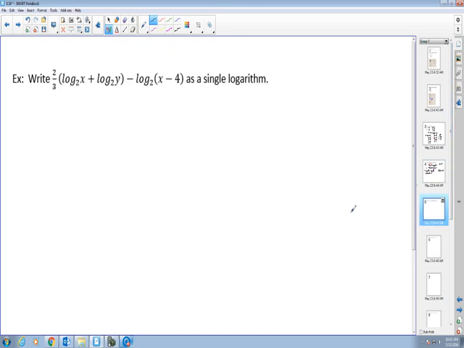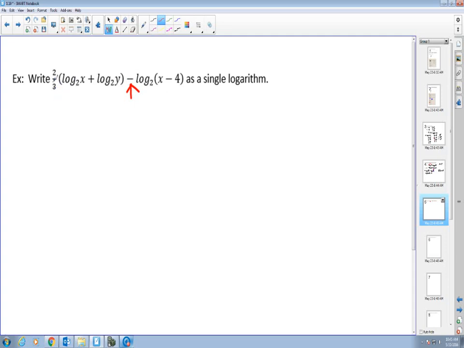Now we're going to do it in reverse, which is put them back into a single logarithm. I see there's one subtraction here, so that means it gives me 2 terms, front and back.